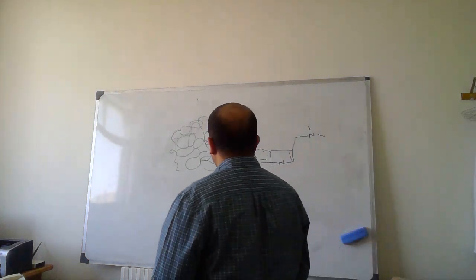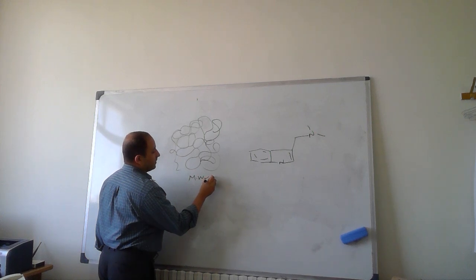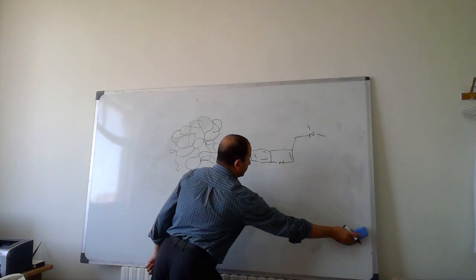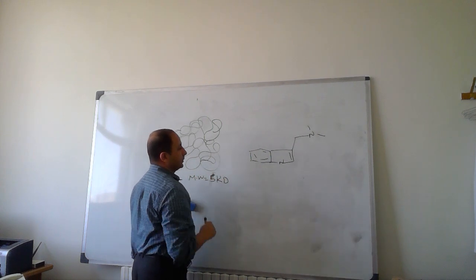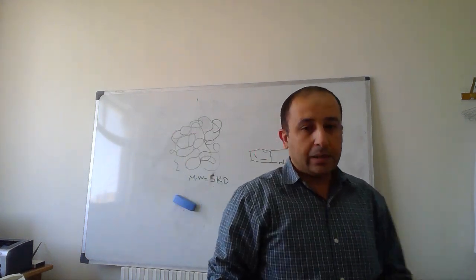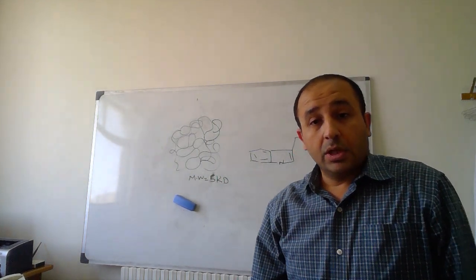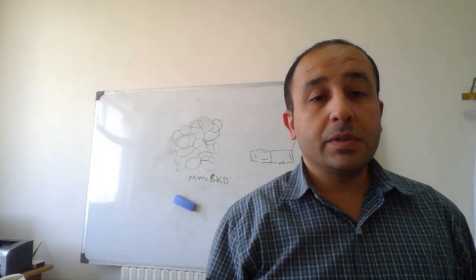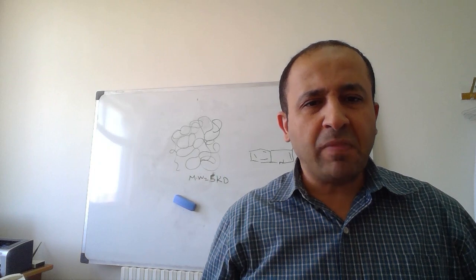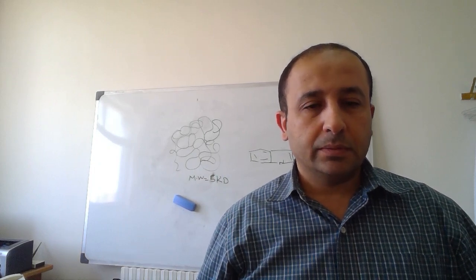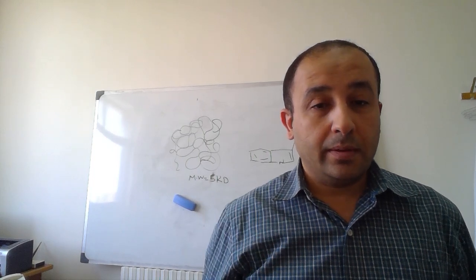This is a protein, for example, with a molecular weight of 5 kilodalton. And this should be around 100 dalton, more or less. So 5 kilodalton means that we deal with a large, massive compound, whereas the drug has a small molecular weight.